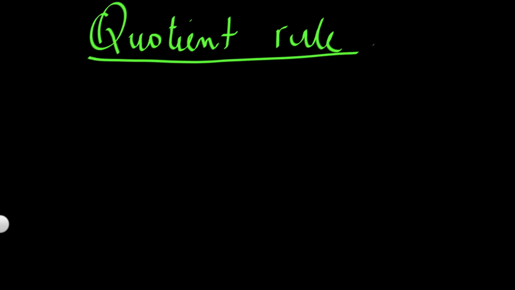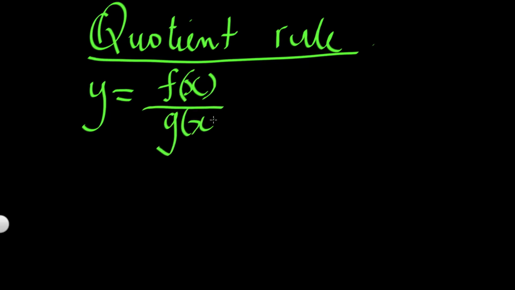We apply the quotient rule for functions like y equals f of x over g of x. So you have two functions here. One is the numerator, the other is the denominator. They are different functions. If you have that, you can apply the quotient rule, because what we have here is a quotient.